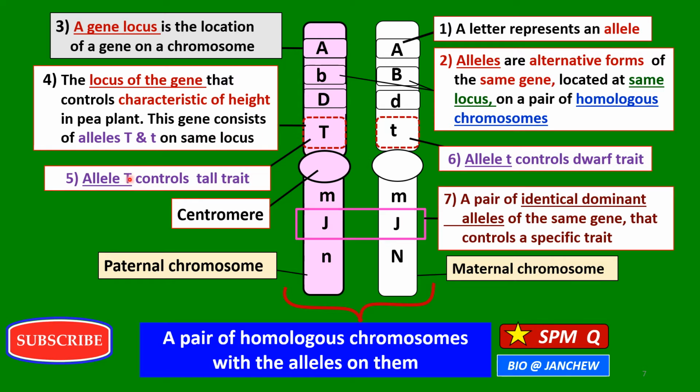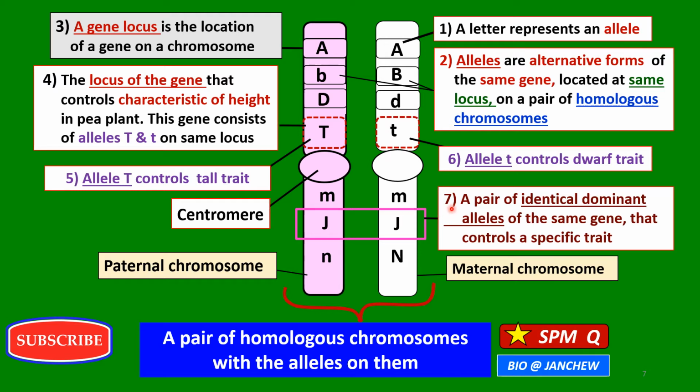Then on the other chromosome, allele small t is on the same locus as the allele big T, and it determines that the plant has a dwarf stem, or short stem. So you can see that the 2 alleles of the same gene have the same locus on the pair of homologous chromosomes.